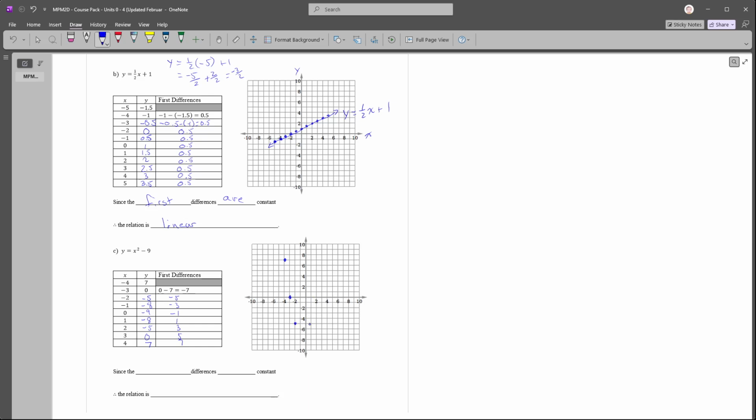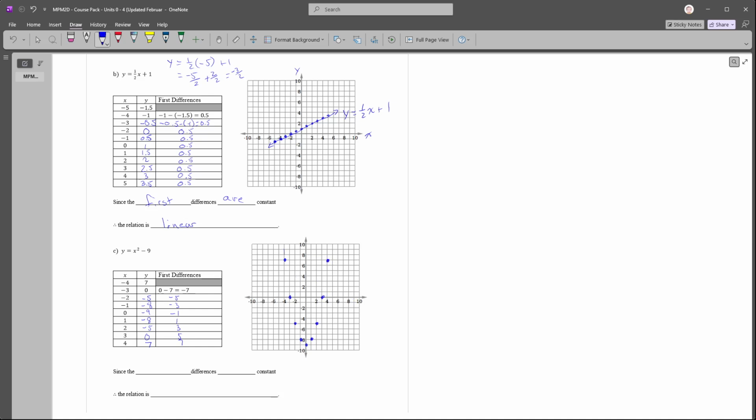And then negative 1, negative 8, right here. And then 0, negative 9. And then 1, negative 8. Oh, we're going back up. And then 2, 5. Or sorry, 2, negative 5. And then 3, 0. And 4, 7. Oh, that's not what we're used to at all.